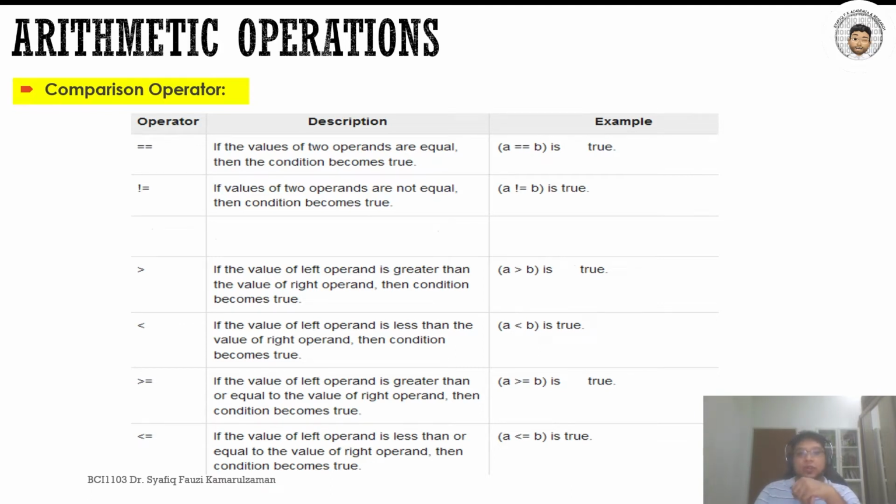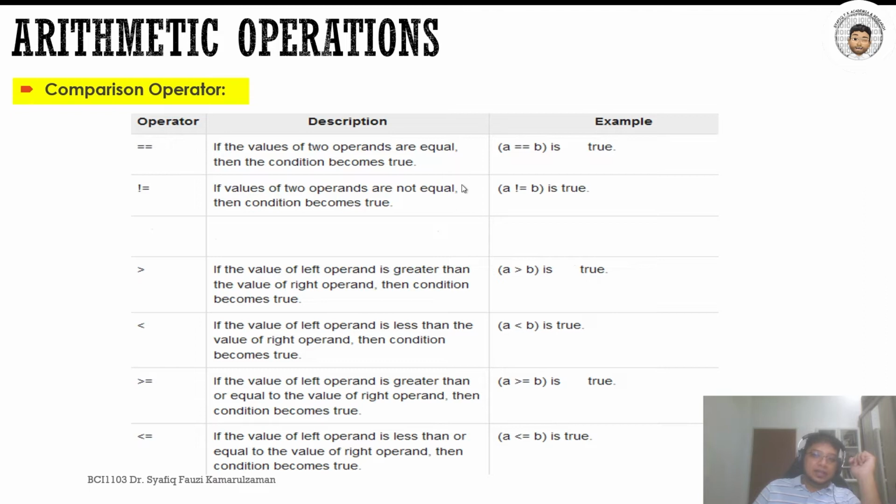Next, for this week, we are going to start with more complex things, starting with comparison operators. For comparison operators, we have 6 new symbols for you to recognize: equal equal, not equal, more than, less than, more or equal, and less or equal.